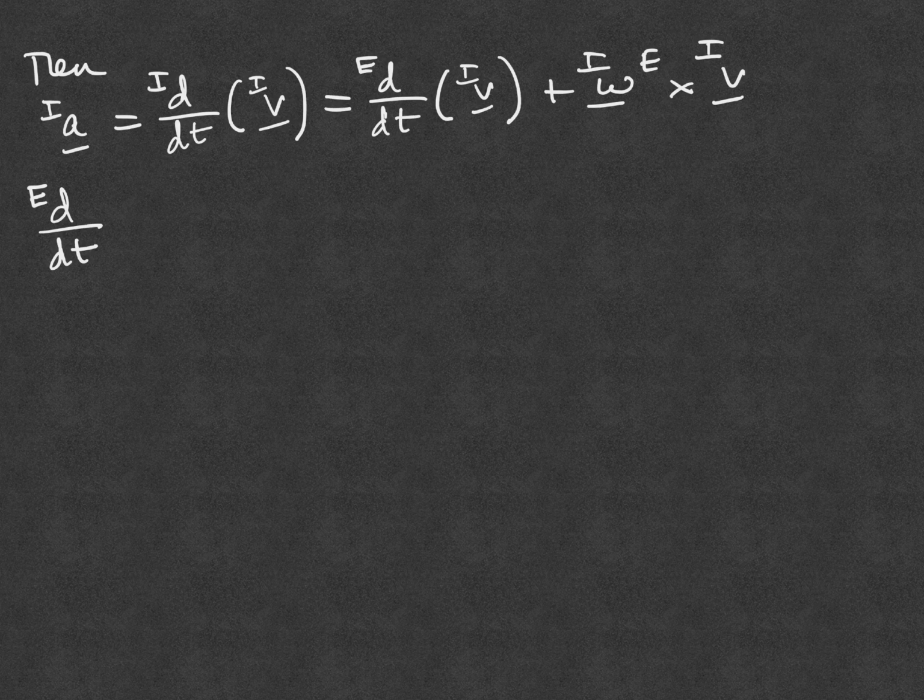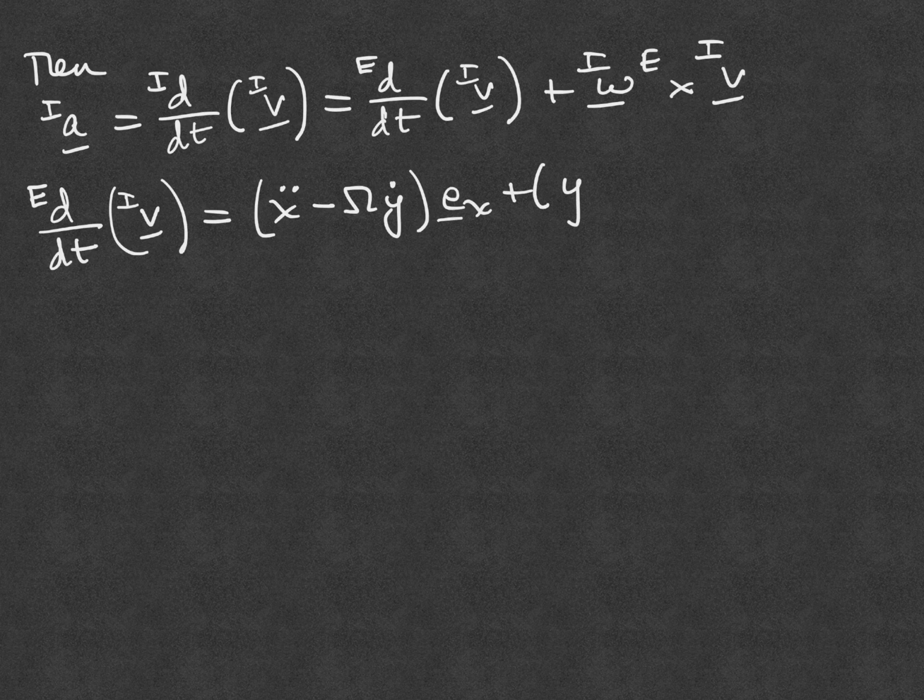d dt in E of VI is equal to, well, if I do the derivative out, because the rotation rate of the Earth is constant, we wind up with x double dot minus omega y dot EX plus y double dot plus omega x dot EY plus z double dot EZ.